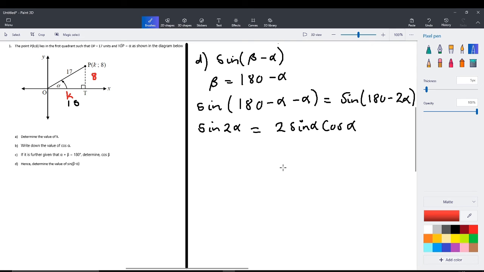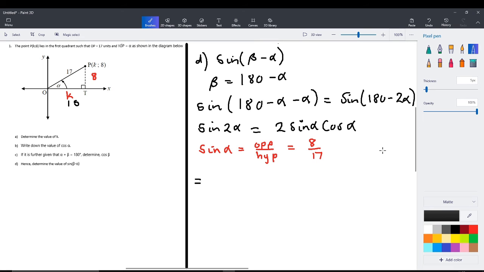And from our trig ratios, we know that sine alpha is equal to opposite over hypotenuse. And according to our question, opposite is 8, hypotenuse is 17. So we now have the value of sine alpha, and we're going to use that for our question.